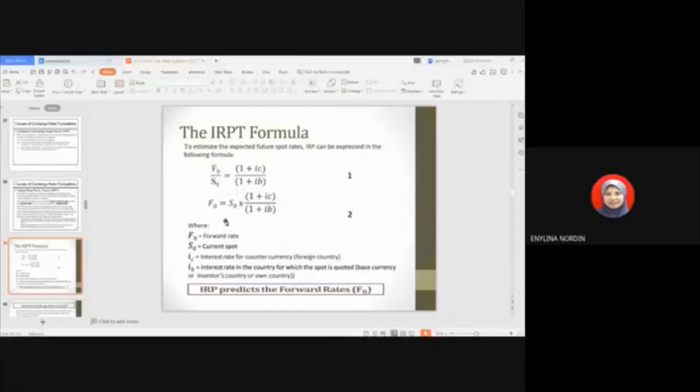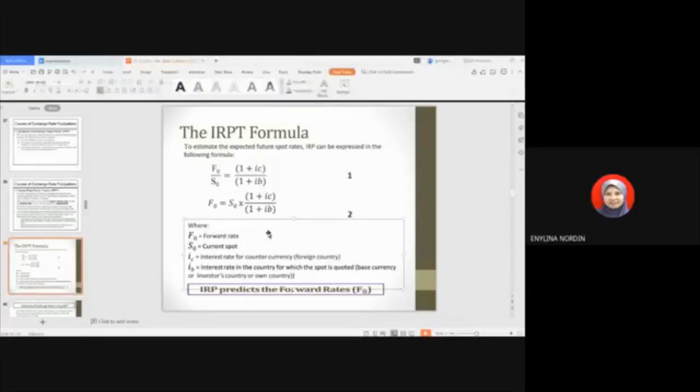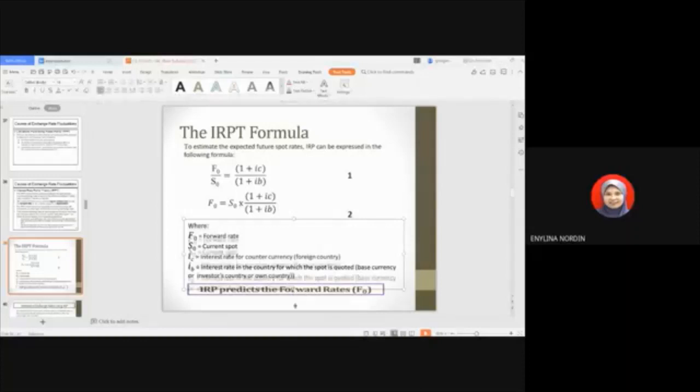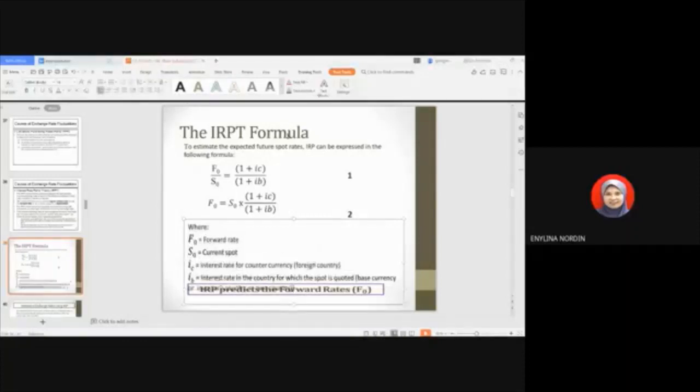That means if we rewrite, let me show you here. F0, or sometimes some textbooks will use F1, the forward rate equals S.